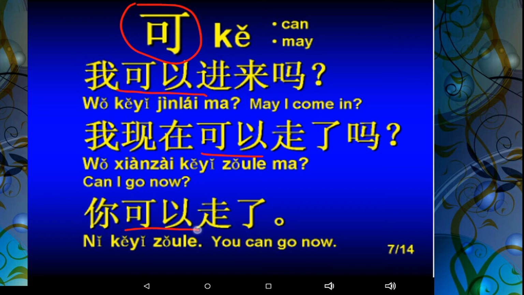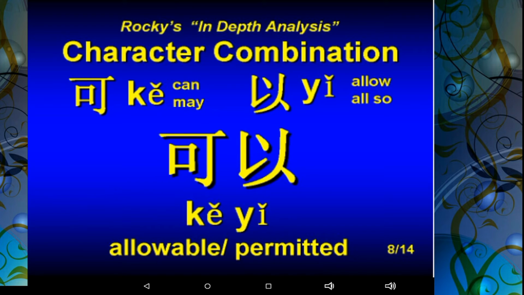The reason I use 可以 is that it's very common. I'm going to give you some in-depth analysis now. This 可以 character combination is very, very common. I'm going to put right here that it's VC.